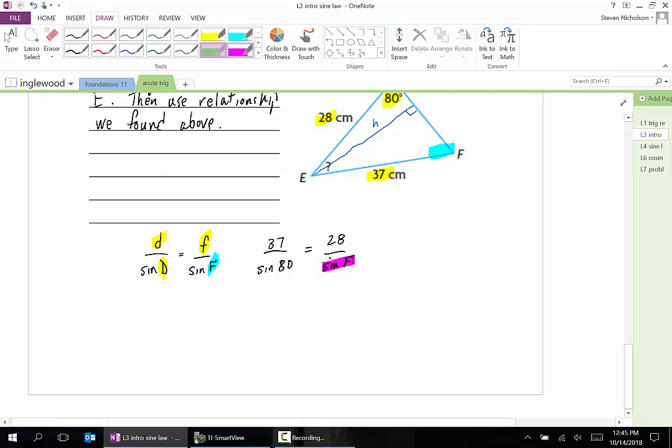So here's simply what we're going to do. We're going to multiply both sides by sine F, but there's a much easier way to do this. So the much easier way to do this right off the bat is flip both sides.